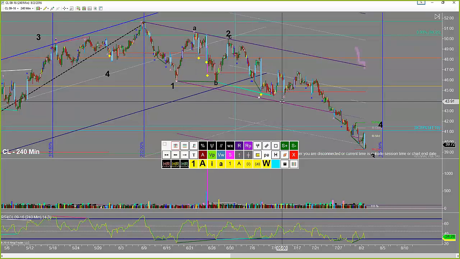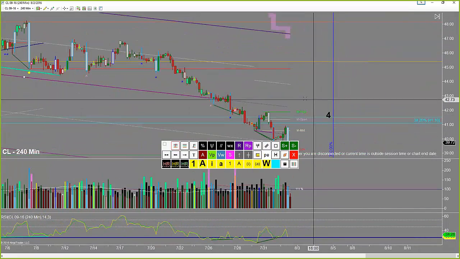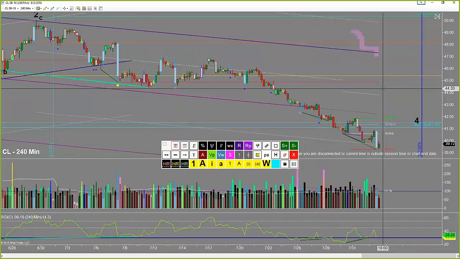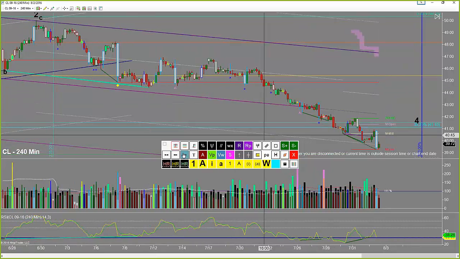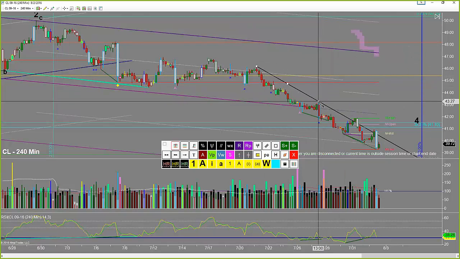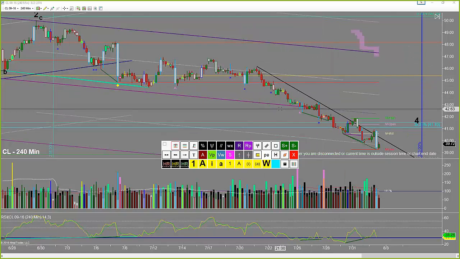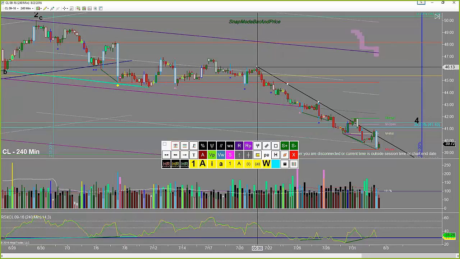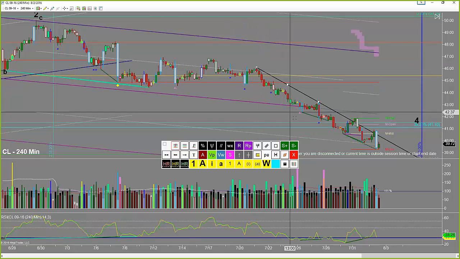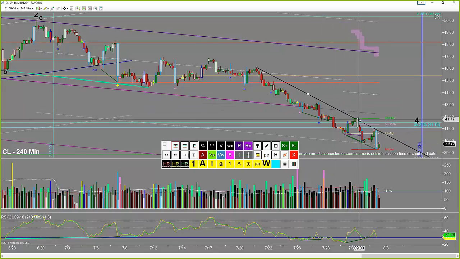Anyhow, we've broken through the bottom of this channel pretty dramatically. We're coming down. So to try to find an area on the 240 to get short from is really going to be next to impossible. So what we would like to look for would be an upper median line of some sort.